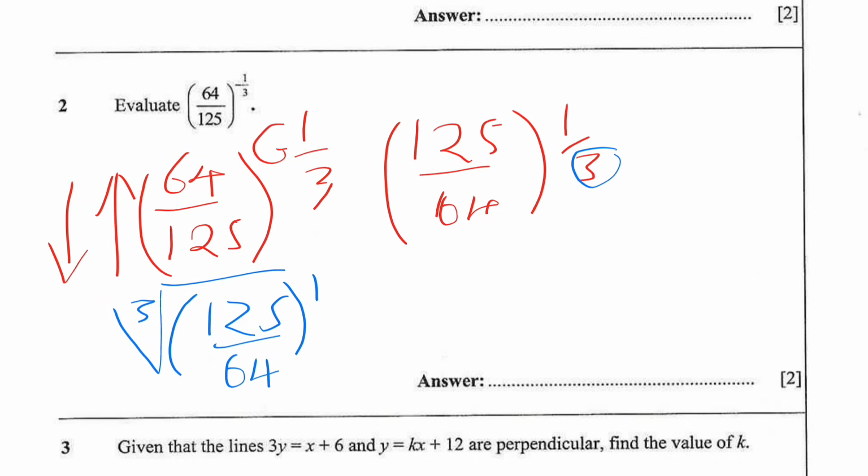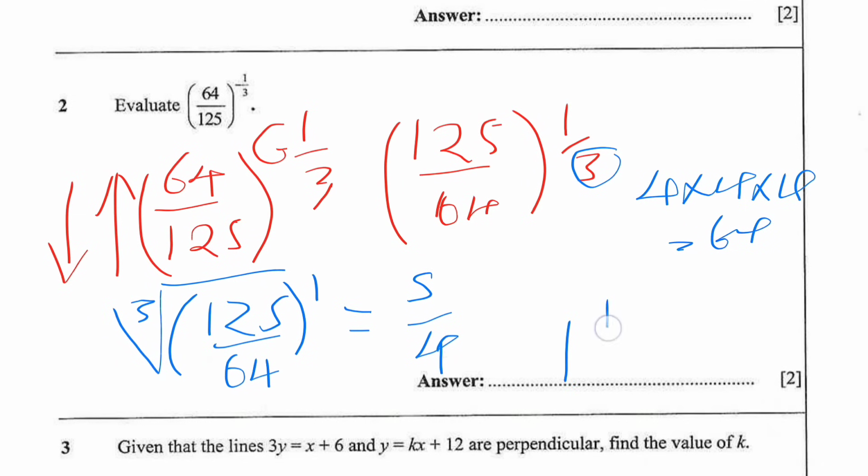It is 5, because 5 times 5 times 5 is 125. Then the cube root of 64 is 4, because 4 times 4 times 4 is 64. So it's 5 over 4, or 1 remainder 1 over 4, and this is the answer. Okay, simple. Let's go to question 3.